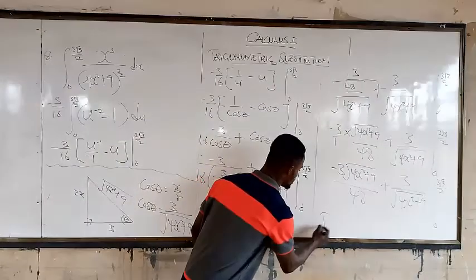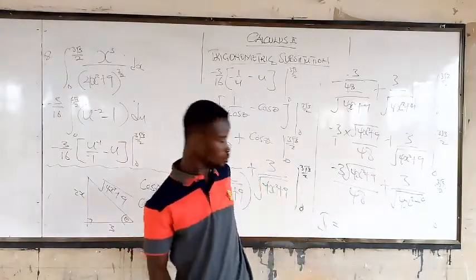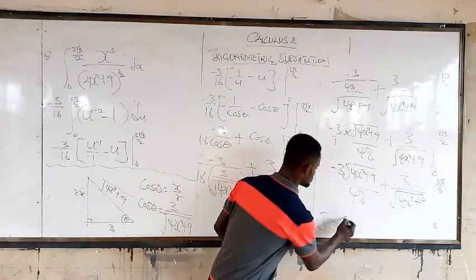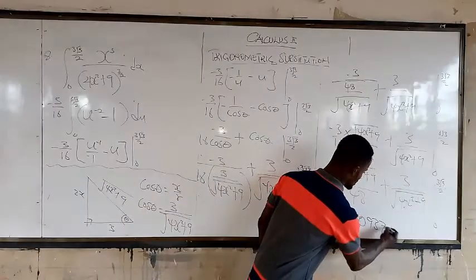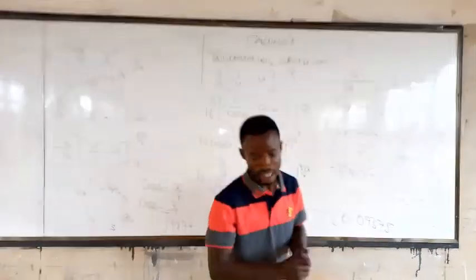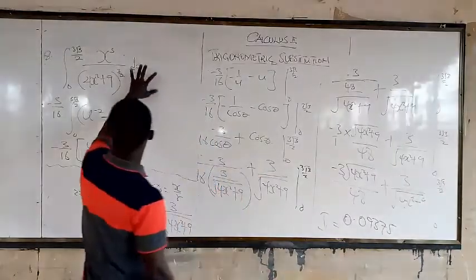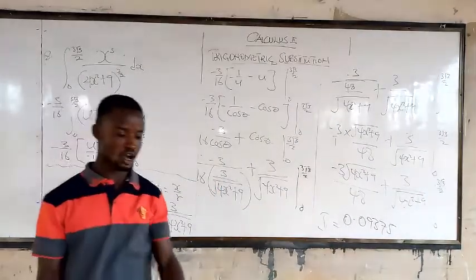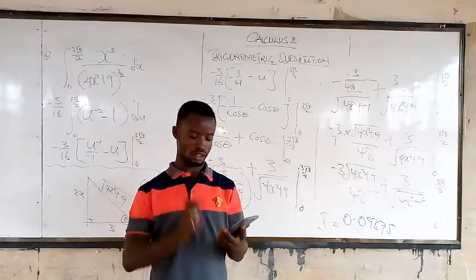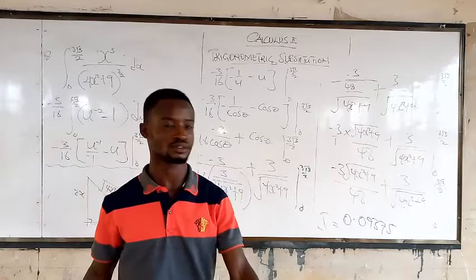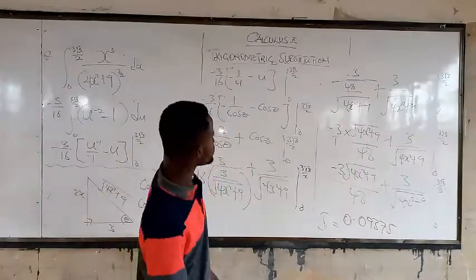And when you do the substitution straightforward, your result is going to give you 0.09375. Another way to confirm this answer is just punch the whole of this question on your calculator, and press solve or equal to give you the approximate value. So that is what we have for that.